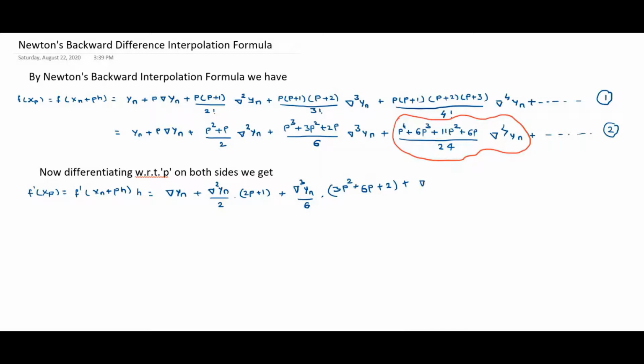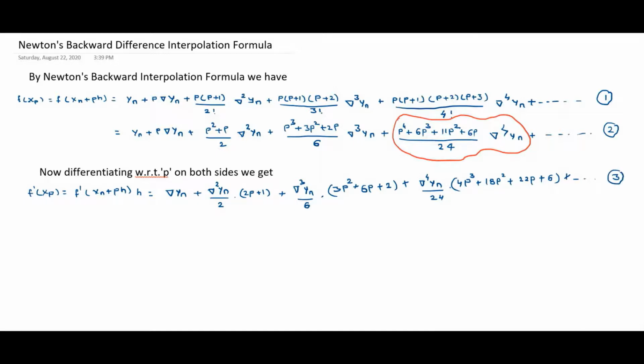Constant terms are del raised to 4 yn divided by 24 is constant, and then differentiation of p raised to 4 is 4p cube plus differentiation of 6p cube is 18p square plus differentiation of 11p square is 22p plus differentiation of 6p is 6, bracket complete, plus and so on, and say this is equation number 3.